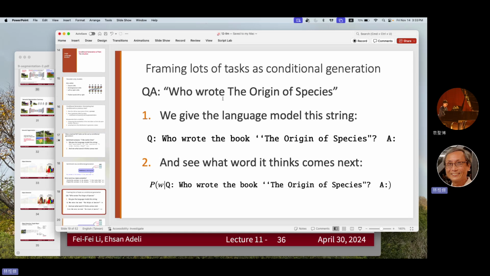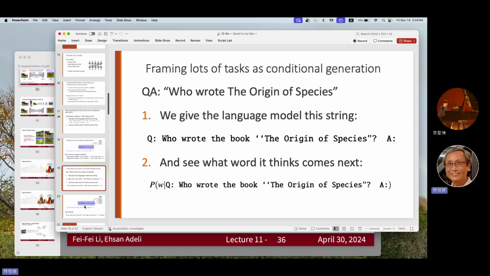Then when you ask a question, say who wrote the origin of the species? You can convert this one into a form like this, and then you give an A here, which means that you want the answer. Then the system would take this and frame it as a probability question: if I have this sentence, Q is going to be this, and now you have an A after that, meaning that you need the answer, then what's the probability for each of the words that could potentially generate the answer?